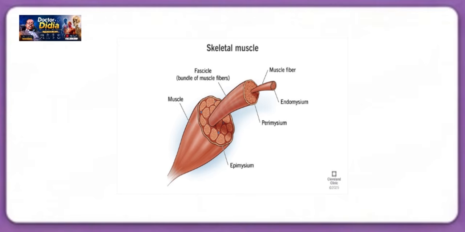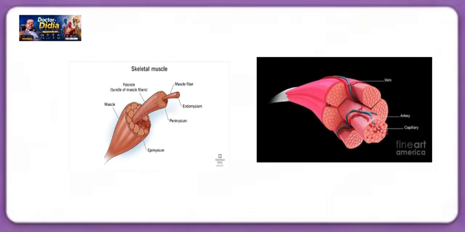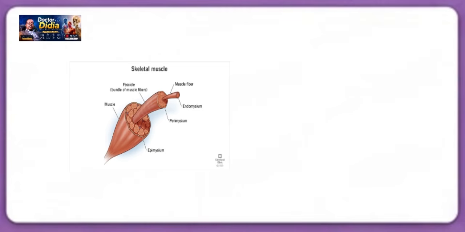This connective tissue framework also provides pathways along which blood vessels and nerves reach the muscle fiber. A bundle of muscle fiber is called a fascicle, and a fascicle is surrounded by a stronger sheet of connective tissue called the perimysium, while the entire muscle is surrounded by the epimysium.